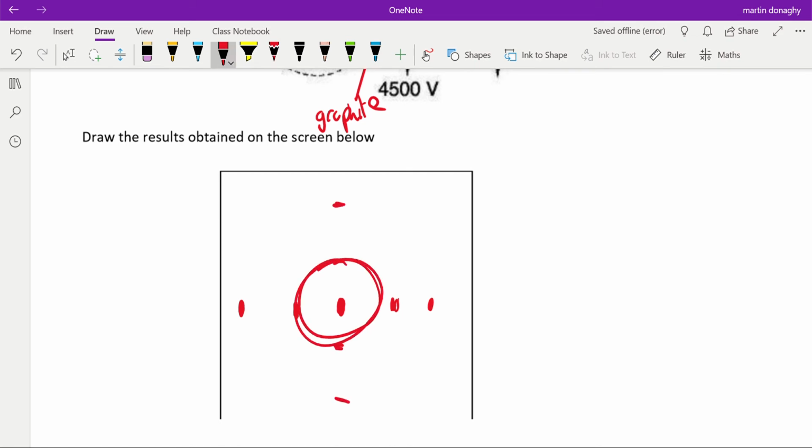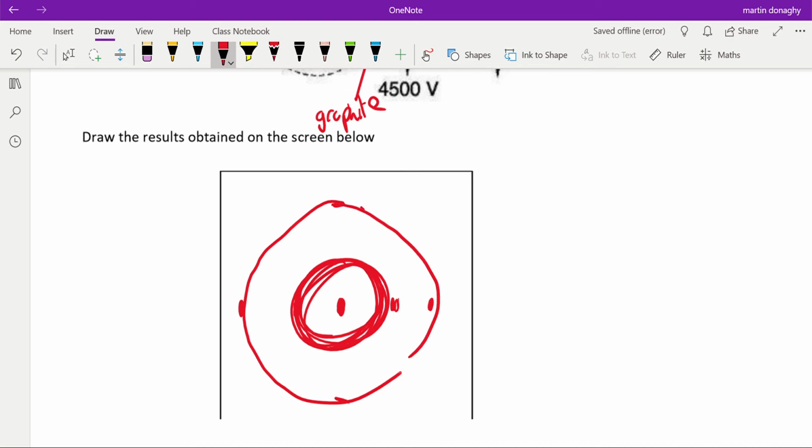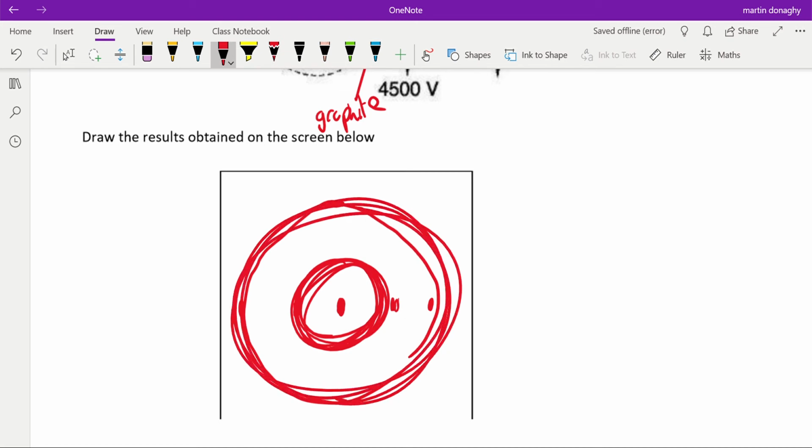So in fact, what we see is, rather than fringes, it's not very well drawn, but it'll do, we get bright and dark rings. We get a bright dot in the center, and then bright rings after that. And when we do this experiment, that's what we get.